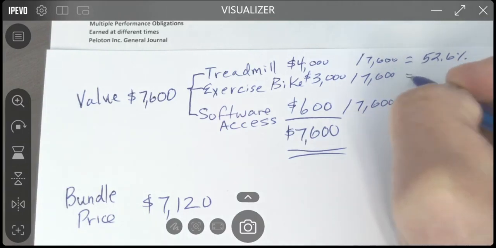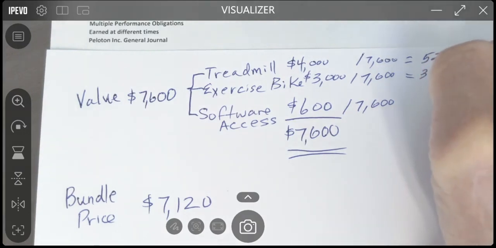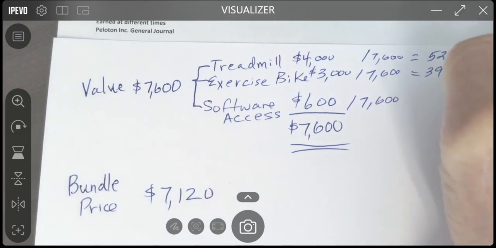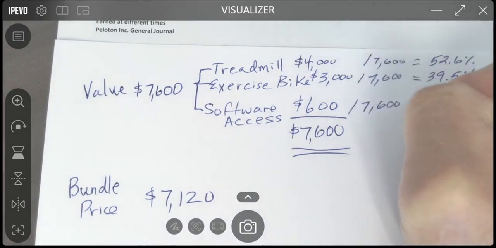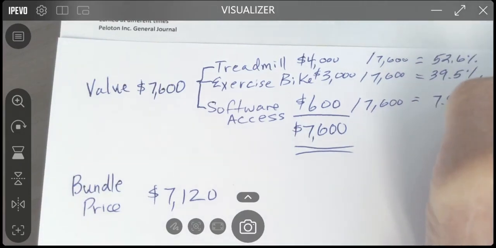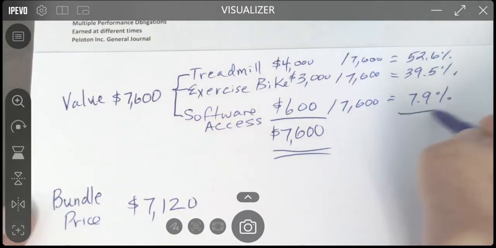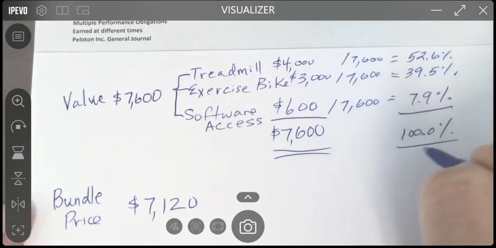The $3,000 as a percentage of the $7,600 price of the goods is 39.5%. And the $600 is 7.9% of the $7,600. And that will add to 100%.